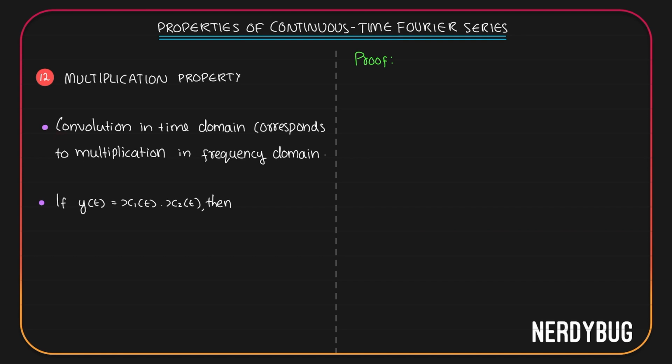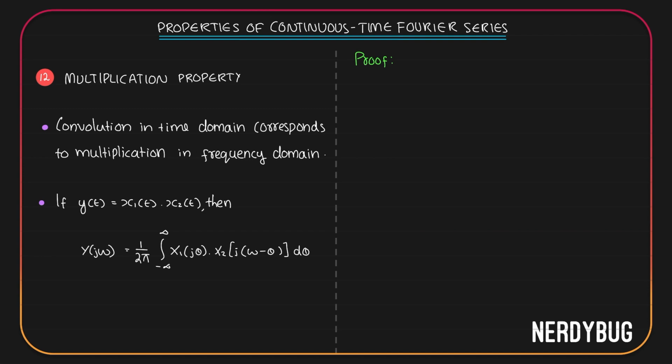We already learned that convolution in time domain corresponds to multiplication in frequency domain. According to multiplication property, if y of t is the product of x1 of t and x2 of t, then the Fourier transform of y of t, which is y of j omega, can be written as 1 by 2 pi integral from minus infinity to infinity x1 of j theta, x2 of j omega minus theta d theta.